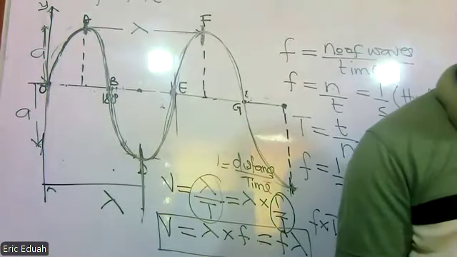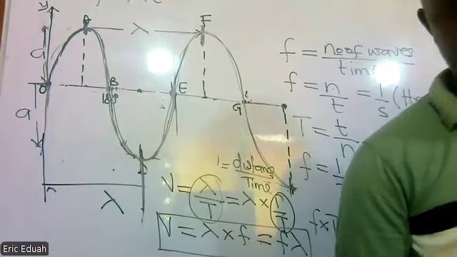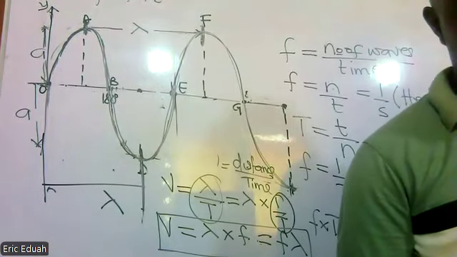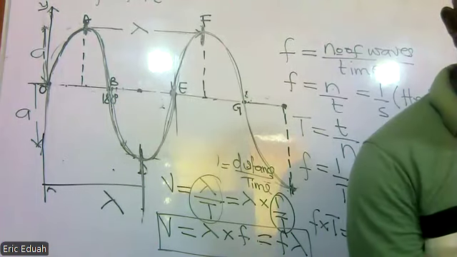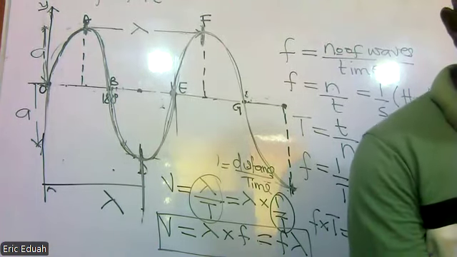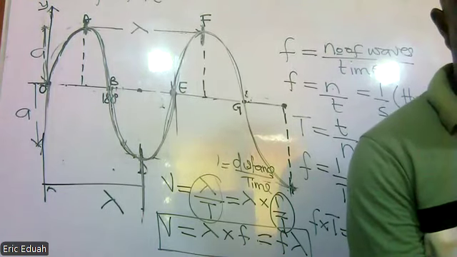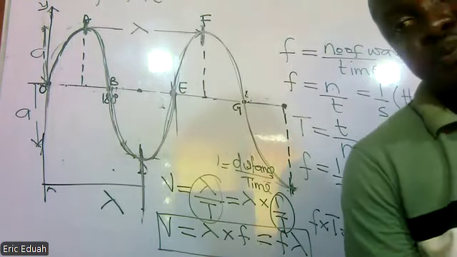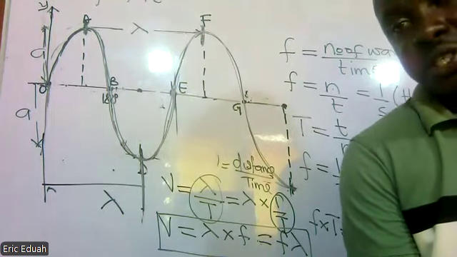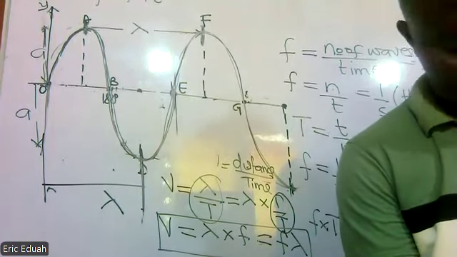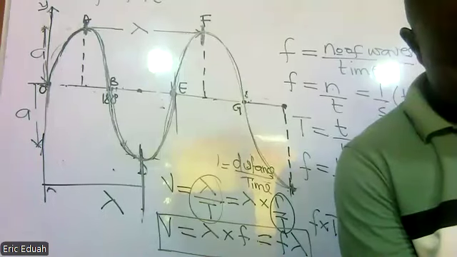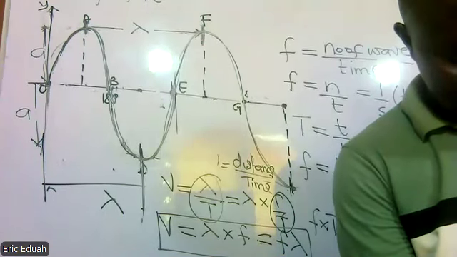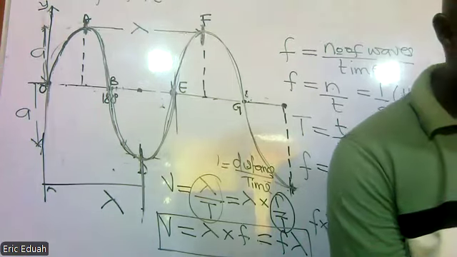The speed of a radio wave is 3.0 times 10 to the power 8 meter per second. If a radio station broadcasts on a wavelength of 1,500 meter, what is the frequency of transmission?